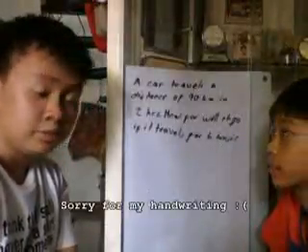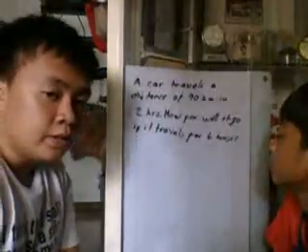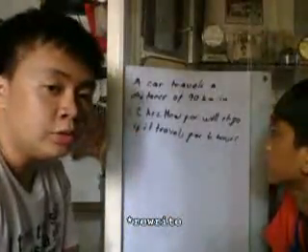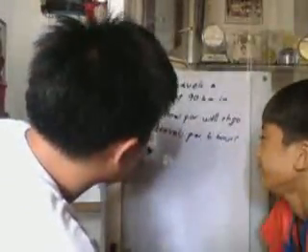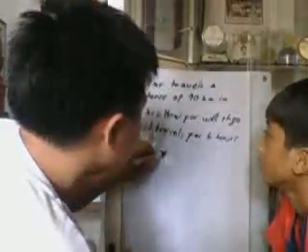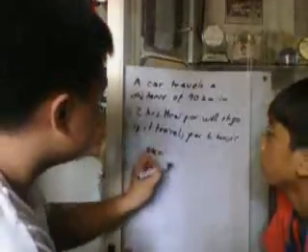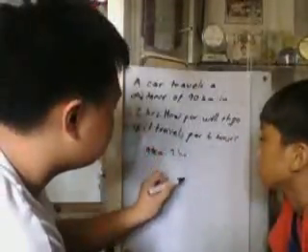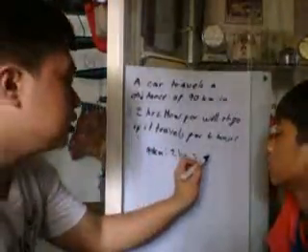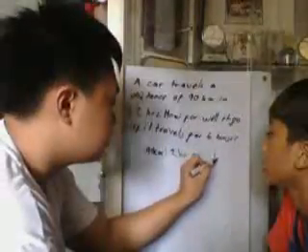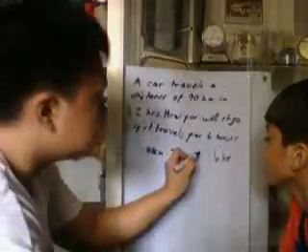First, denote the problem in its ratio form. 90 kilometers is to 2 hours is equal to how far it will go in 6 hours. Denote the unknown as N.